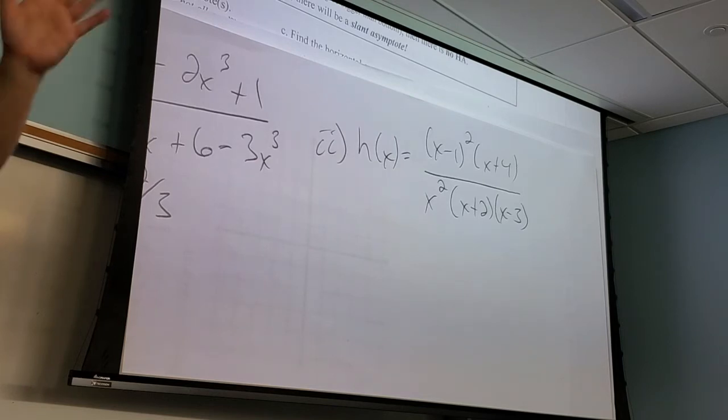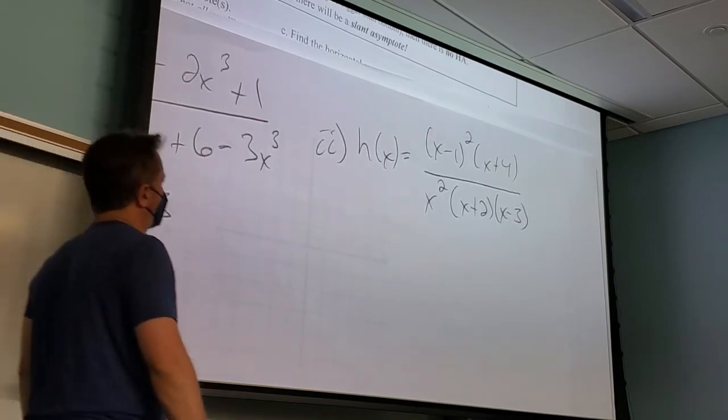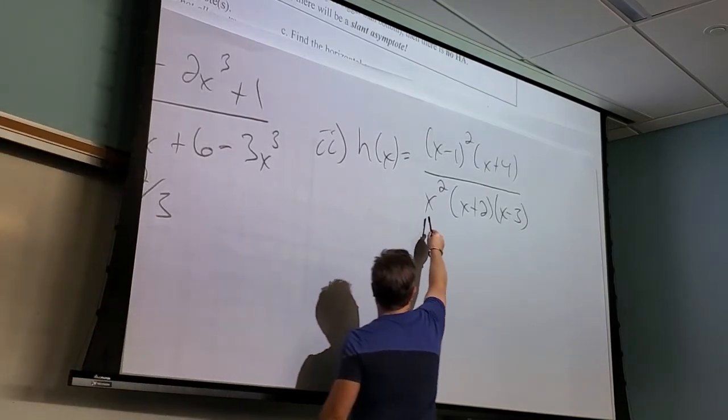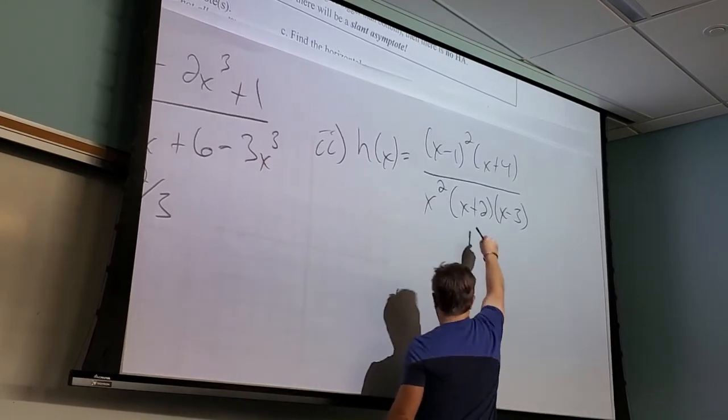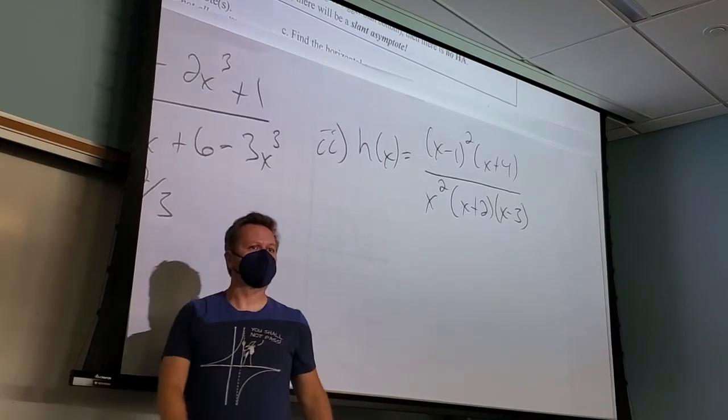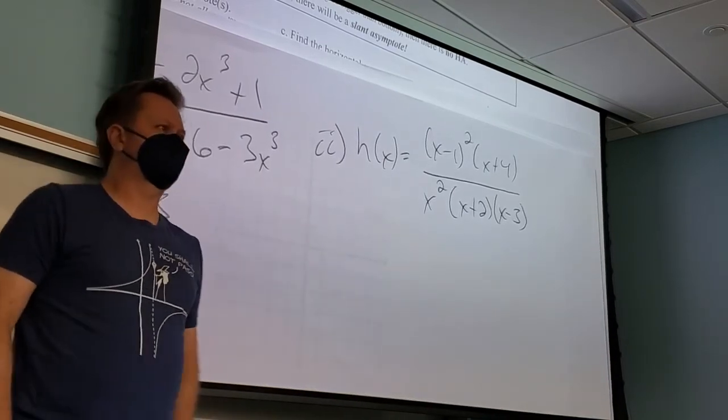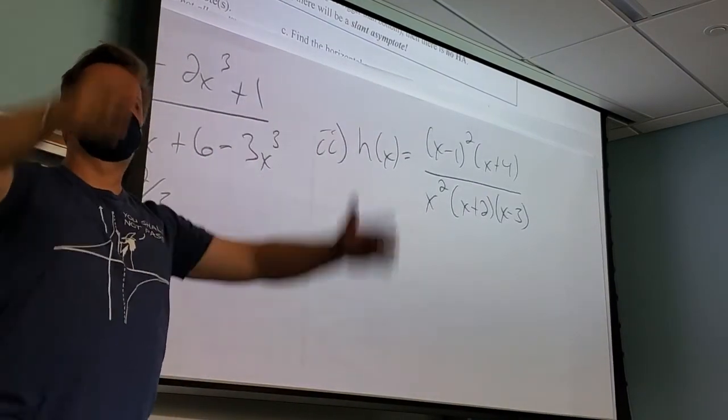So we know this from before, right? What are the vertical asymptotes? Why are those easy to see? There's going to be a wall at x equals 0, -2, and 3. There's going to be 3 vertical walls. Is that cool?